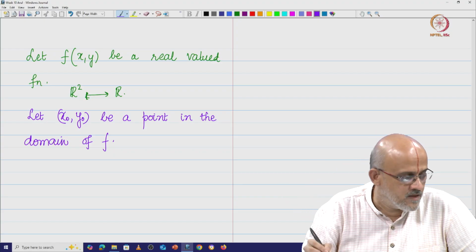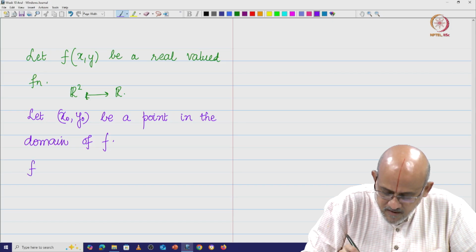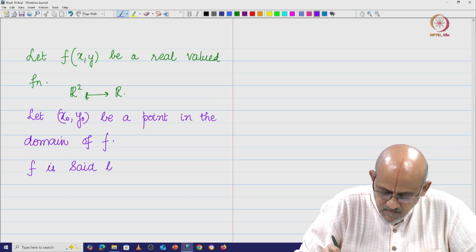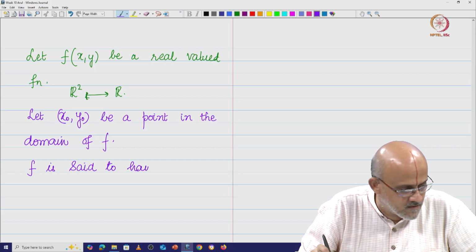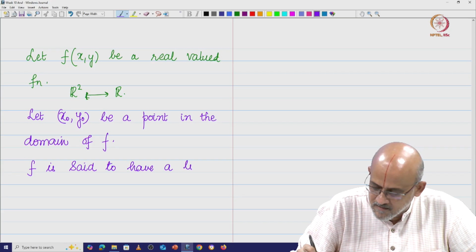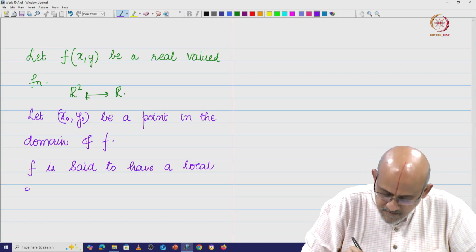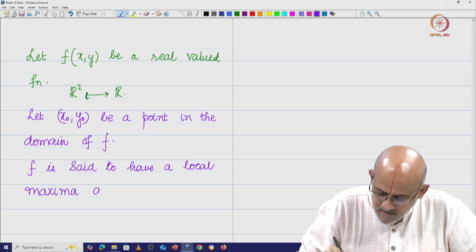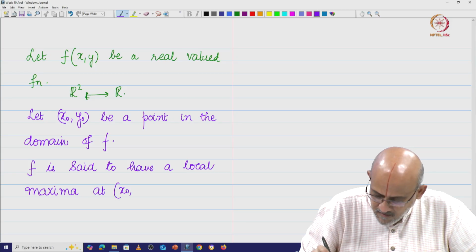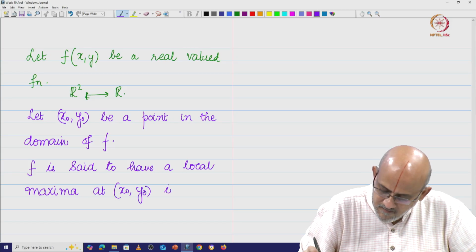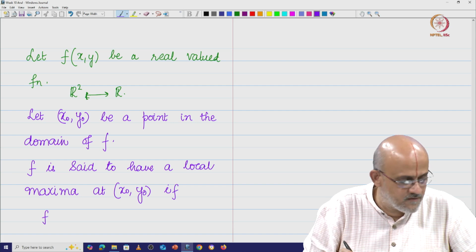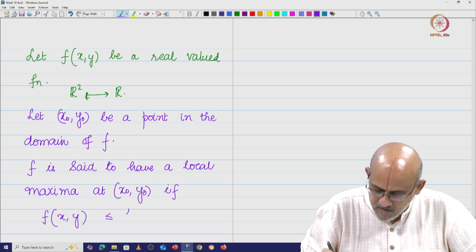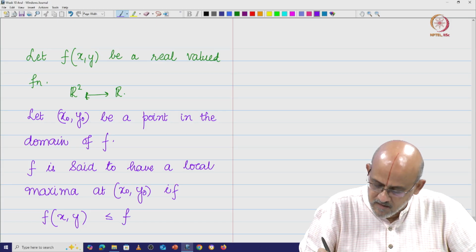So we are going to say that f is said to have a local maxima at x naught comma y naught if, let us say, for any x comma y, f of x comma y is less than or equal to f of x naught comma y naught.